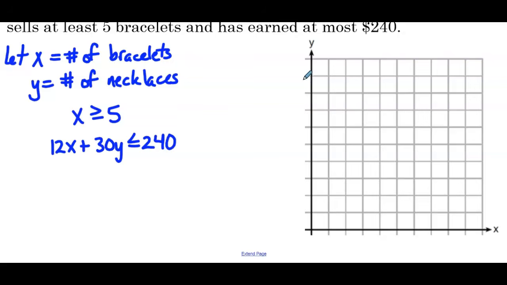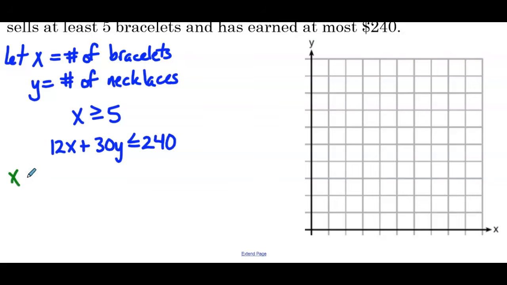Now we have to figure out if we need to scale our axes before we begin graphing. In order to do that, let's figure out what the x and the y-intercept of our second inequality is. Our first inequality has an x-intercept at 5, so (5, 0), and no y-intercept. It's going to be a vertical line with a solution set.